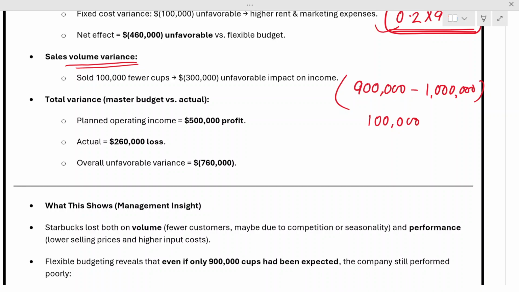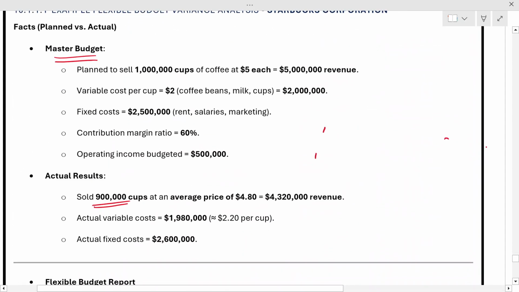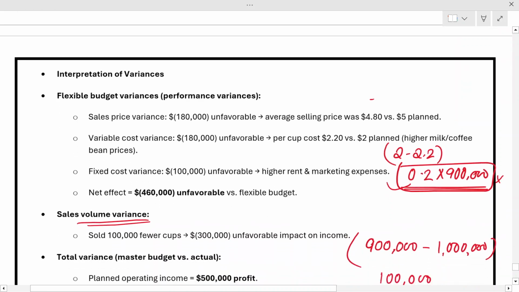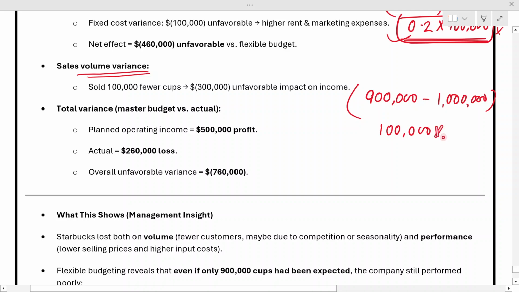Now the fewer cups you sold will have an impact on your sales revenue. How will it impact? On these cups I could have earned a contribution margin. $5 was my selling price, $2 was my variable cost.